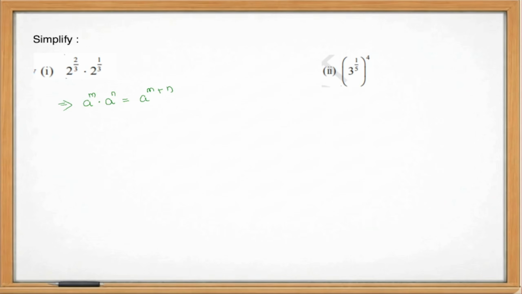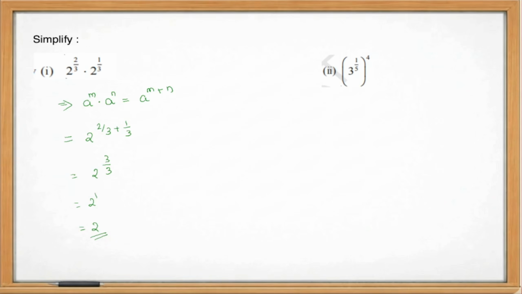So this is equal to 2 raised to 2 by 3 plus 1 by 3, which is equal to 2 raised to, here the denominator part is same, so 3, and 2 plus 1 is 3.